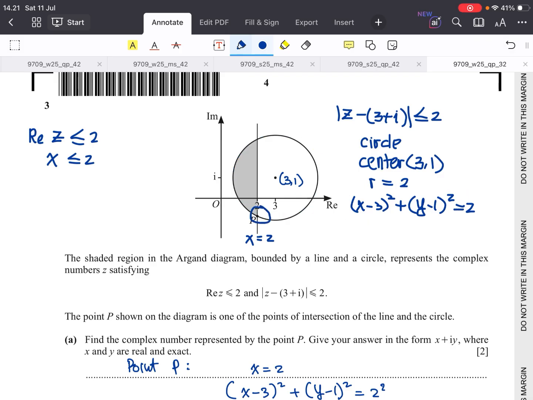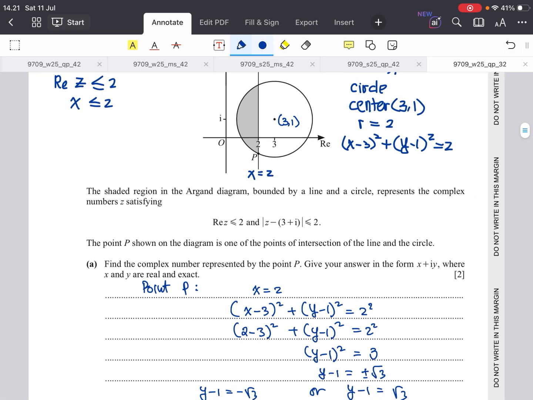And then point P is the intersection between x equals 2 and the circle. So in order to find the intersection, we use substitution: x equals 2 into x minus 3 squared plus y minus 1 squared equals 2 squared, the radius squared.